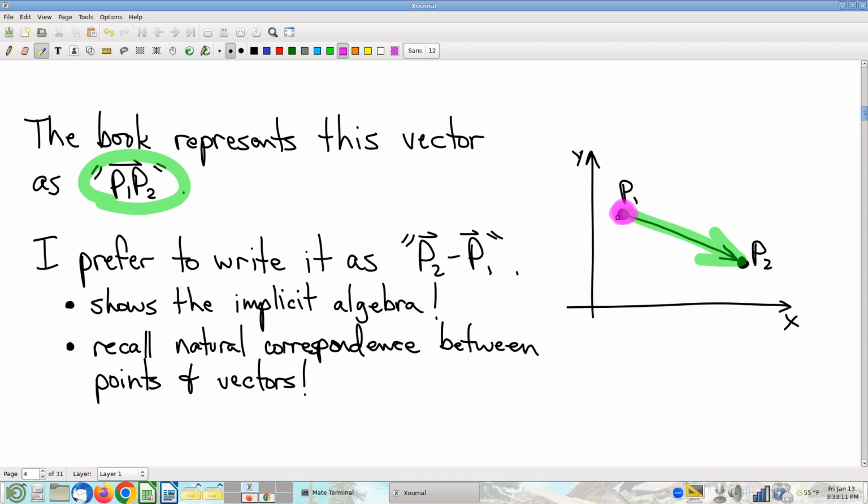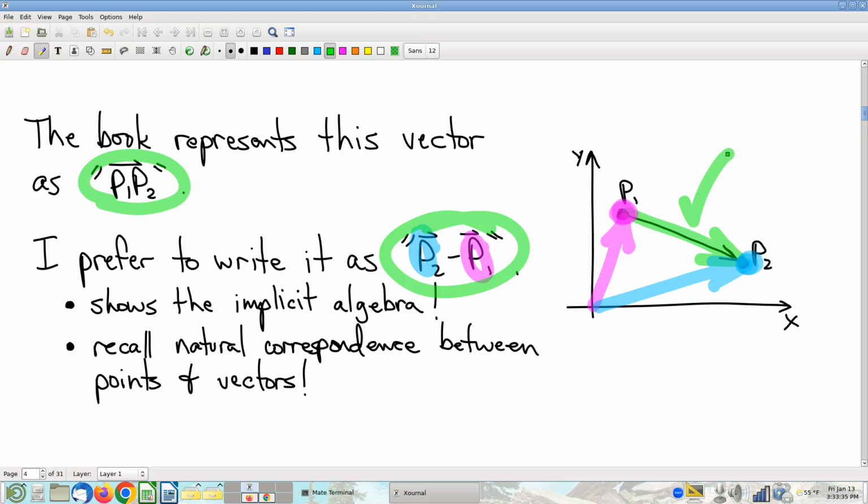So that point P1, you can reinterpret as being that vector P1. And this point P2, you can reinterpret as being that vector P2. And then very reasonably, the green you could interpret as P2 minus P1. And that vector algebra absolutely gives you the correct vector.